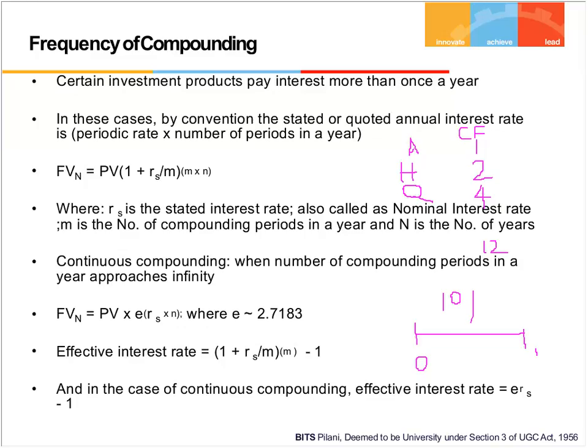Alright, no issues. I think the internet has come back. So what I'm trying to show here is compounding frequency 0 and 1, but if there's monthly compounding, 1st month, 2nd month, 3rd month, etc., 12 months, so n will be 12 now.